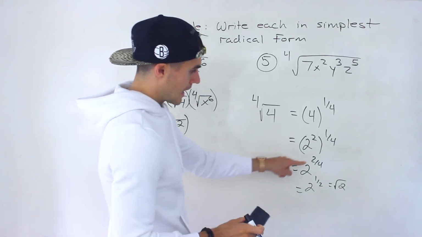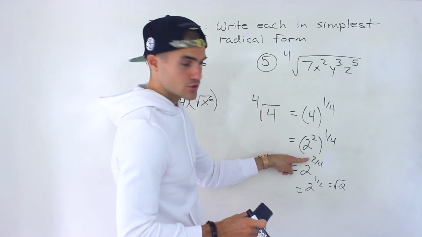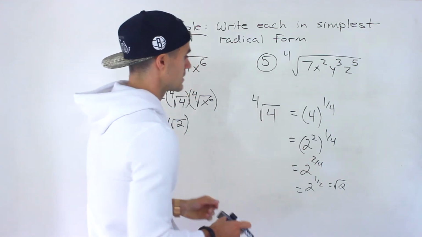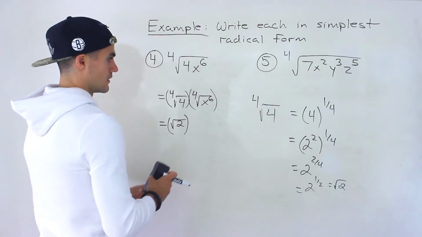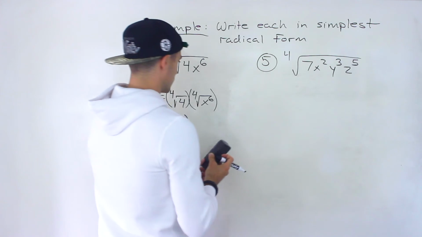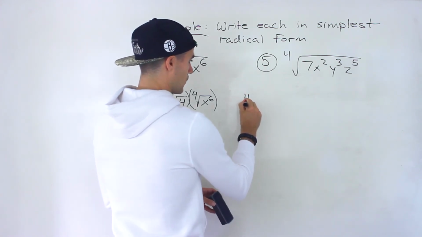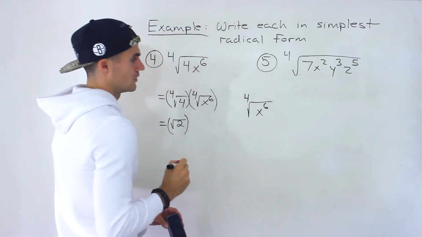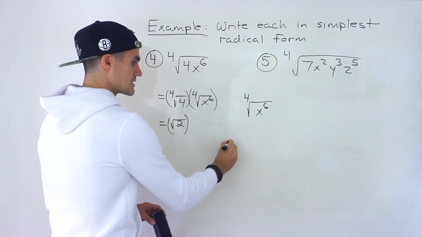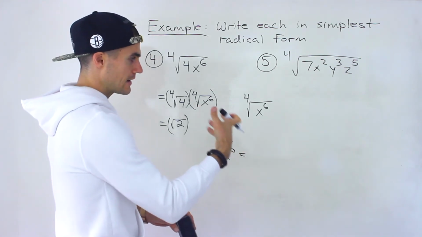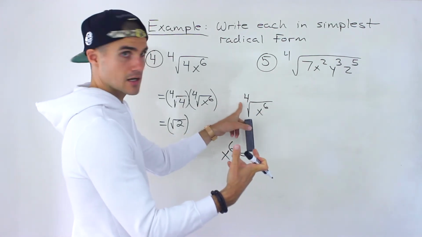It's not always going to happen that this is going to simplify this fraction, but in this case, it does simplify. And so now working with that remaining expression for the fourth root of x to the 6, we want to take the x to the 6 and break it down in terms of x to the power of the highest number that's less than or equal to 6 and a multiple of 4.